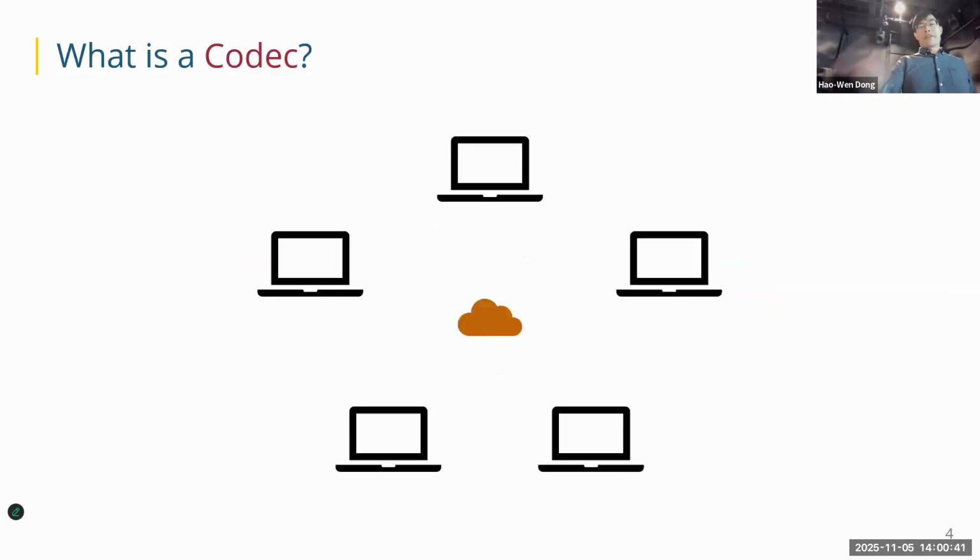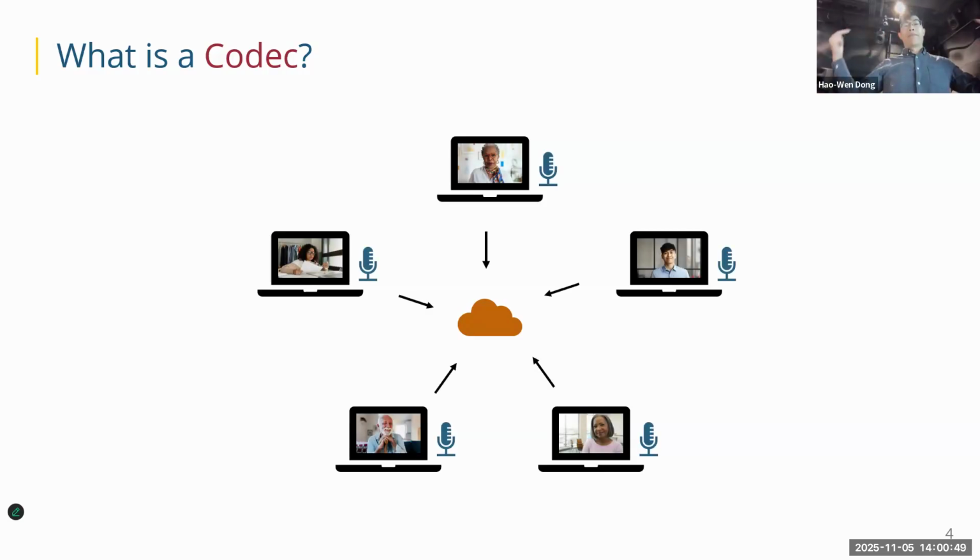Think about when you are transferring files, it could be MP3, or even in the Zoom setup, MP4. You record, and you are not sending the raw audio to the cloud, but something that's compressed. And then you return it back.